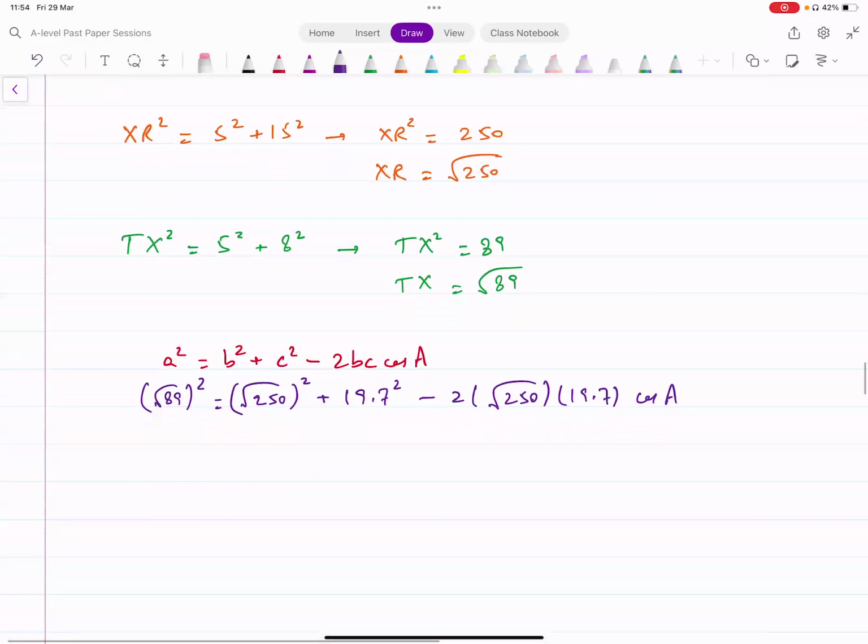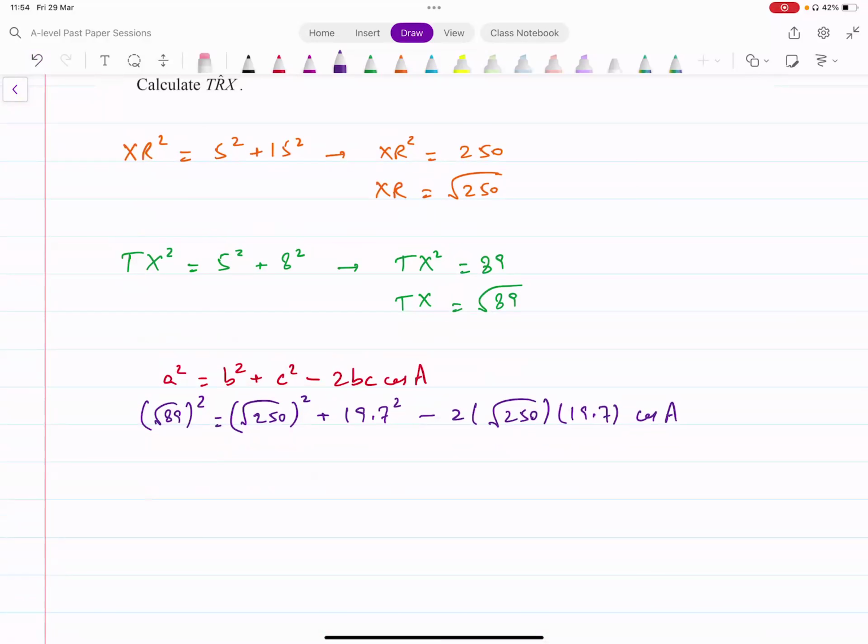And now you can find the value of cos A from this. Let's see what we get. If I take these 2 terms to the left side, let's see what that gives me. 89 minus 250 minus 19.7 squared. On the left side, I'm getting minus 549.09. Now we have minus 2 into this into this. What does that give us?